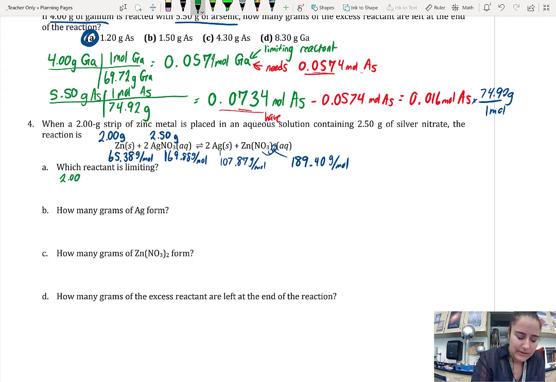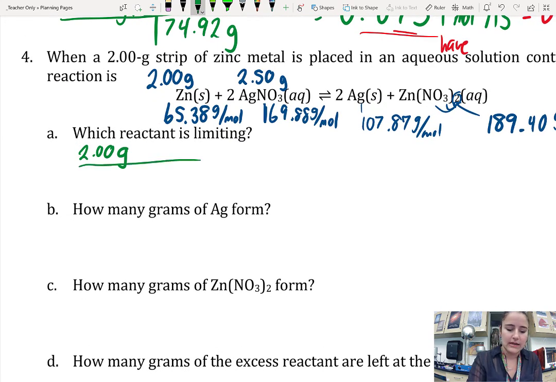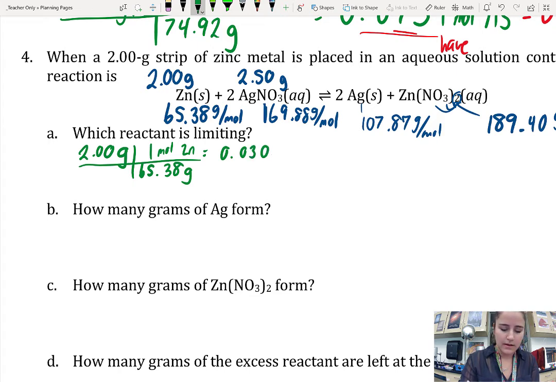So if we have 2.00 grams, I'm going to zoom in a little bit farther so you guys can see this. Okay, 65.38 grams of that is 1 mole of zinc. So we have 0.0306 moles of zinc.